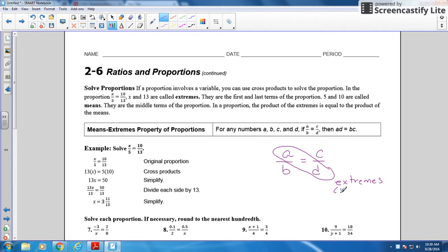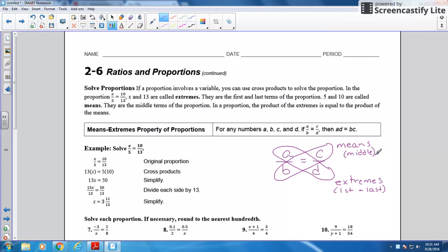And that's because they're the first and last terms, or the first and last numbers. Then C and B are called the means. And that's because those are the middle ones.